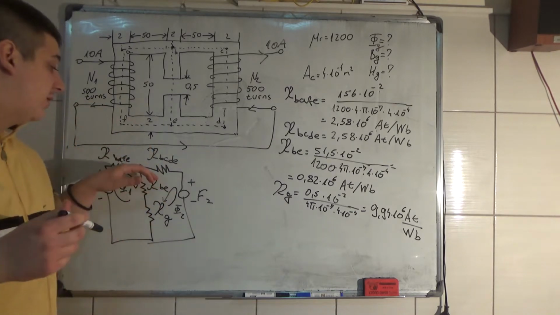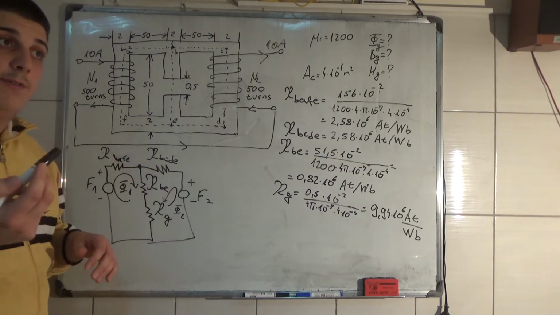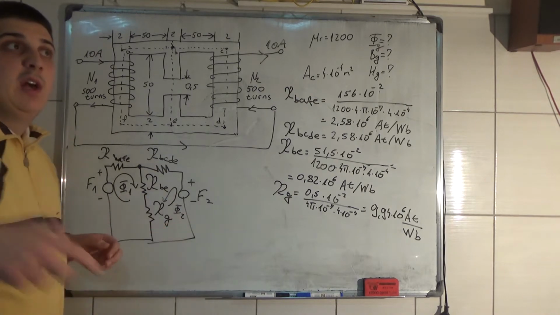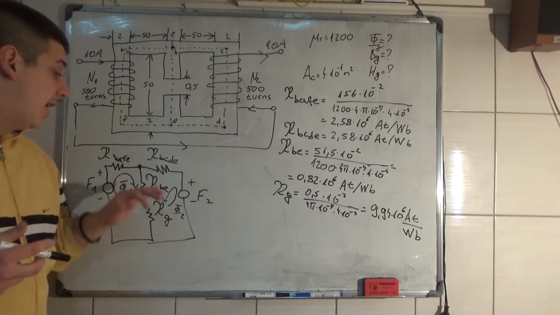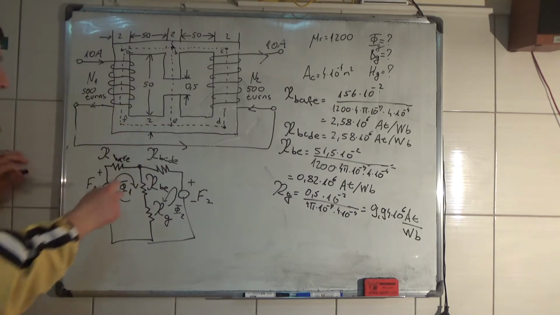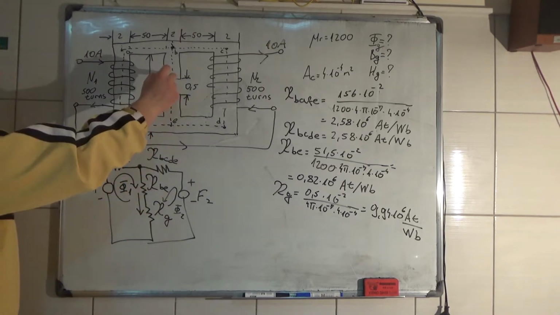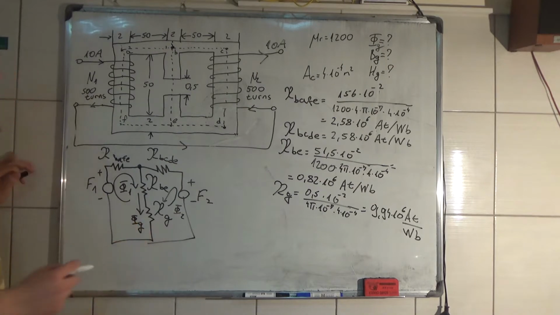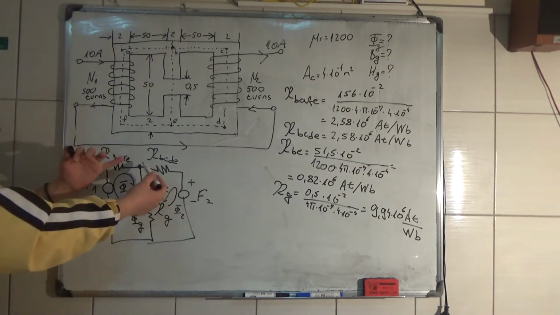In this branch you will have a flux that is equal to the sum of these two fluxes, which is also the flux of the air gap.